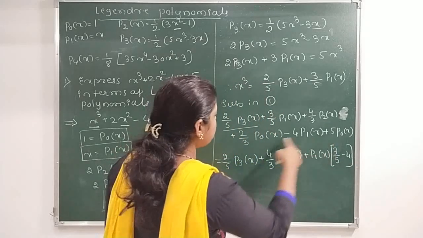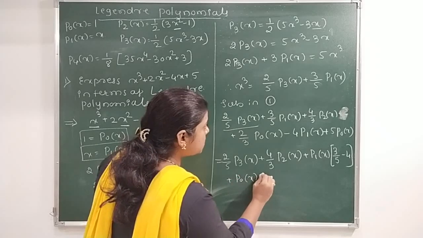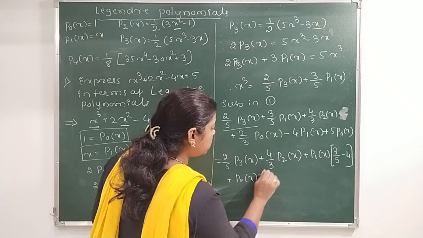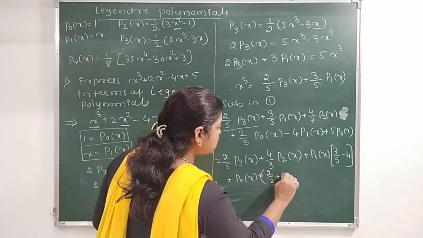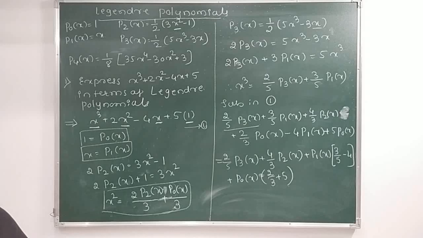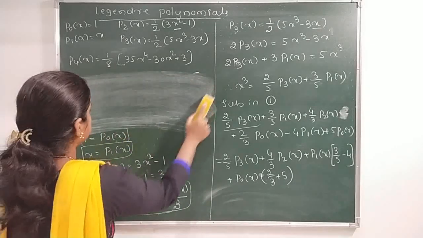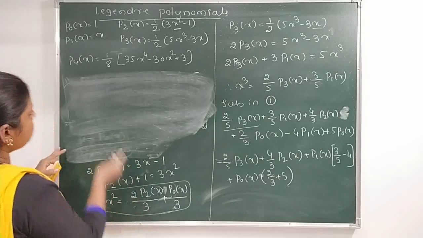Next we take the P0 term, plus P0 of x, which is equal to 2 into 2 by 3 plus 5. Now you have to simplify this.